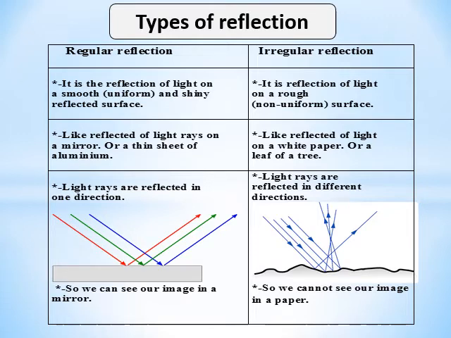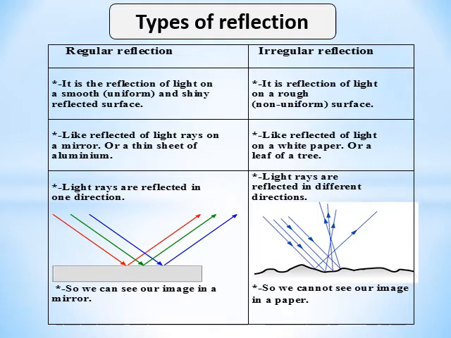On the other side, in irregular reflection, the surface must be a rough surface. So when the light rays fall on a rough surface, they are reflected in different directions, and this is called irregular reflection.